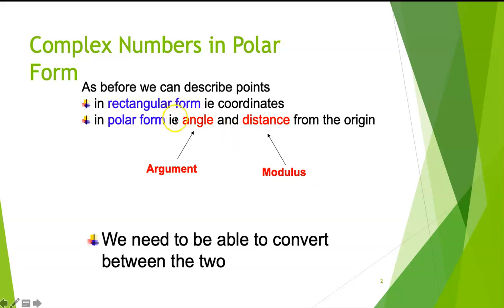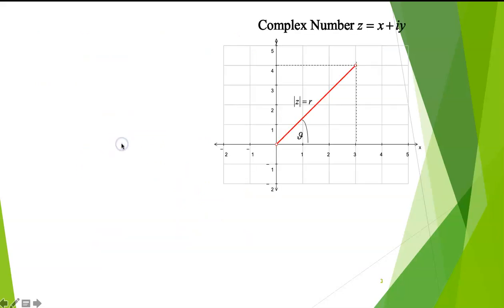We're going to learn how to convert between rectangular form and polar form, and from polar form back to rectangular. So, for example, here we've got a complex number in rectangular form, with the real and imaginary components. That's our argument, from the real axis anticlockwise to the vector of the complex number.